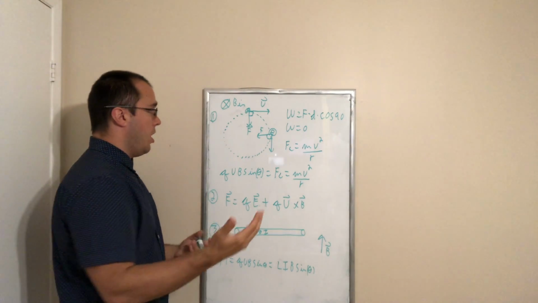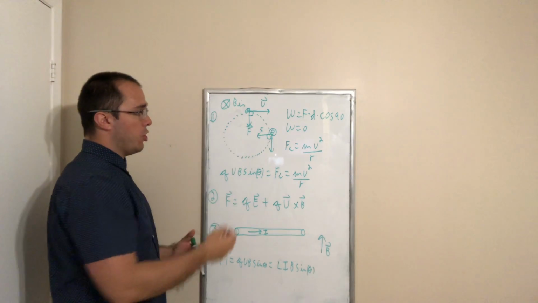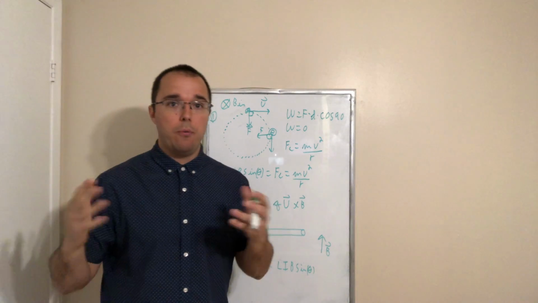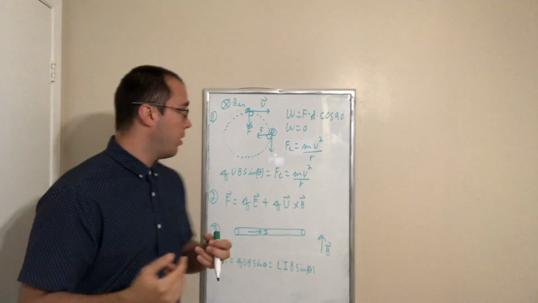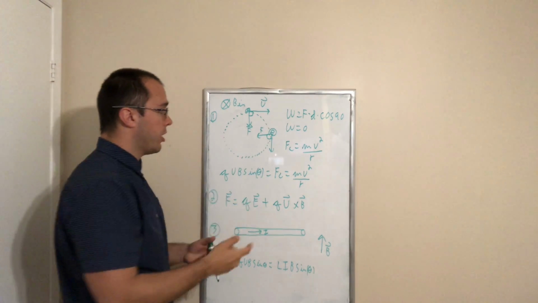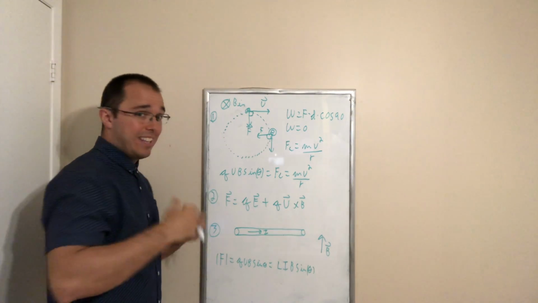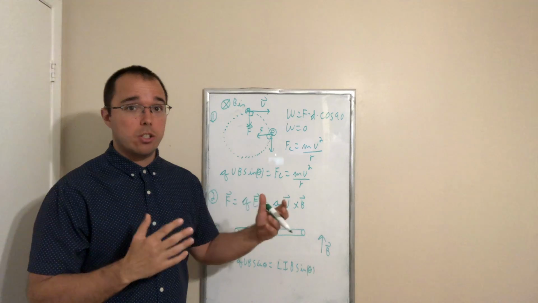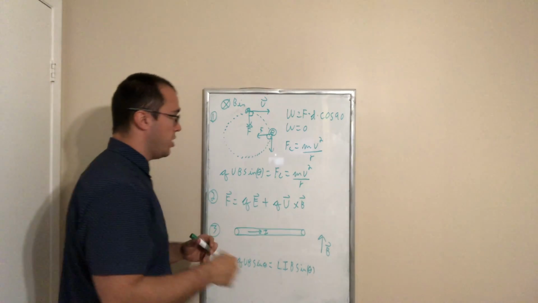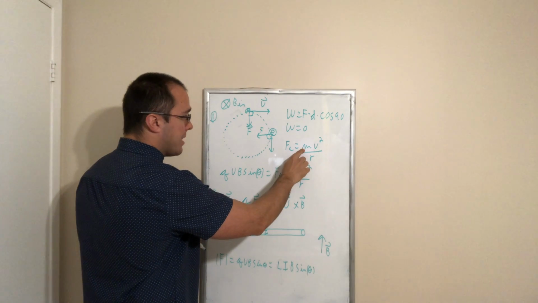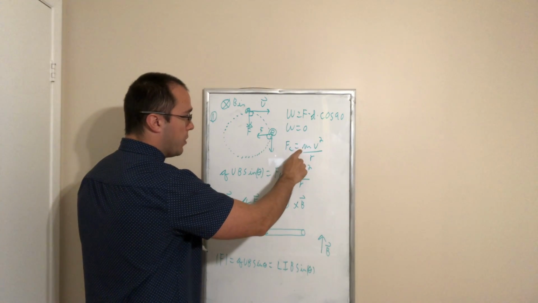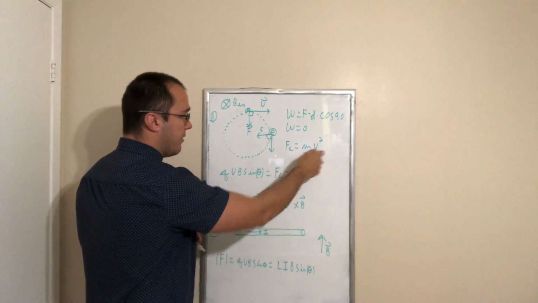The second thing is, well, if it's following a circular motion, it means we can use the centripetal force formula in order to determine the velocity of our charged particle in that force. It can also tell us the radius of curvature depending on the situation. So the centripetal force is equal to the mass of the charged particle multiplied by the velocity squared divided by the radius.